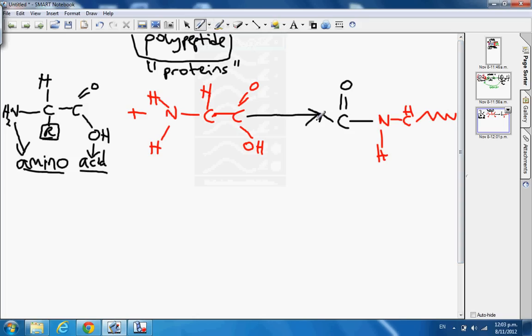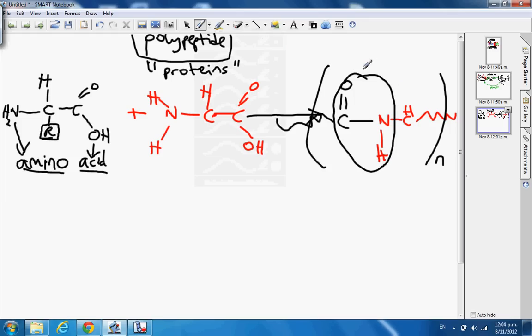And this monomer will continue on that way. Close our brackets, and then n for the repeating number of monomers. In a protein, the peptide linkage is this right here. The peptide linkage is exactly like an amide linkage, which we'll find in polyamides that we're going to discuss in a second.